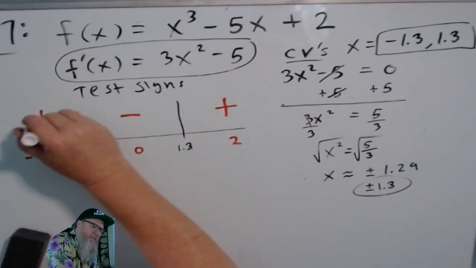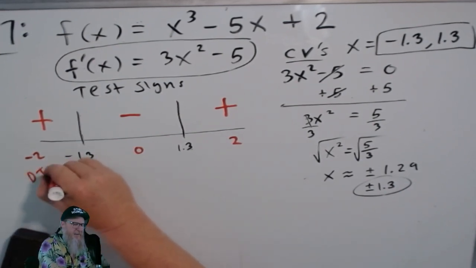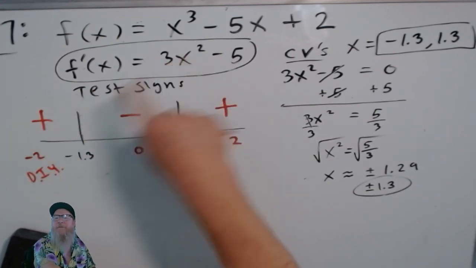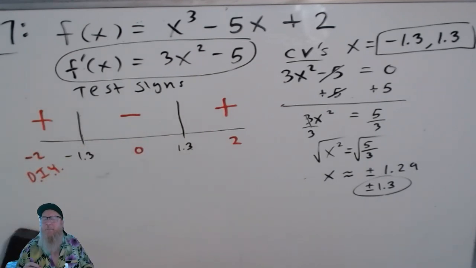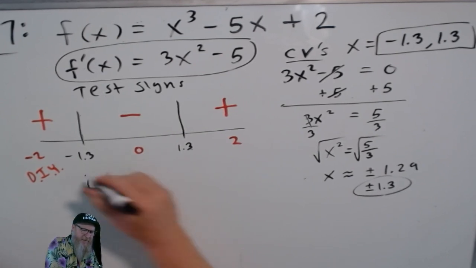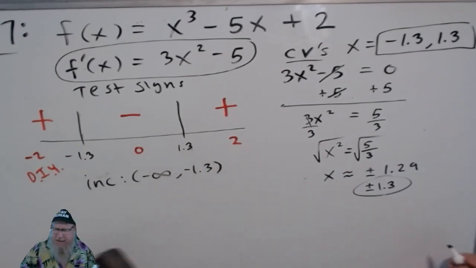And you probably believe me that this one's also positive. I'll leave it to you to check. If you plug in negative 2, even though you're plugging in a negative, you're going to square it and it's still going to come out positive. All right. So that means that the graph is increasing from negative infinity to negative 1.3.